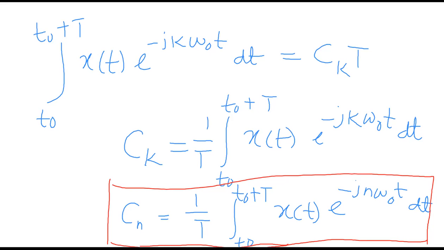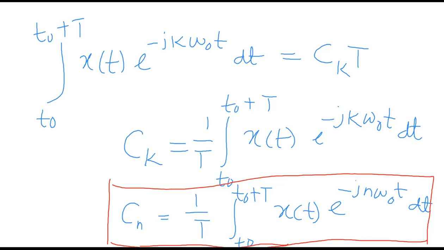This Fourier series coefficient Cn will have a discrete spectrum because Cn will exist only for discrete values of n. So by drawing this Cn, we can say this Cn representation is called the complex spectrum, which has both magnitude and phase.